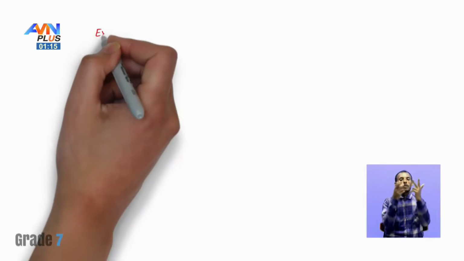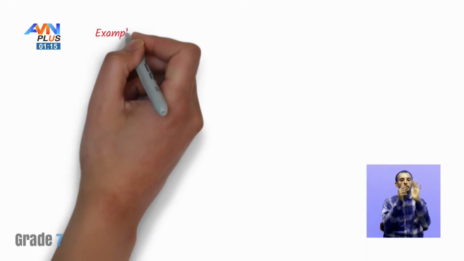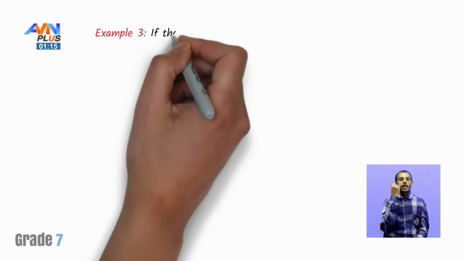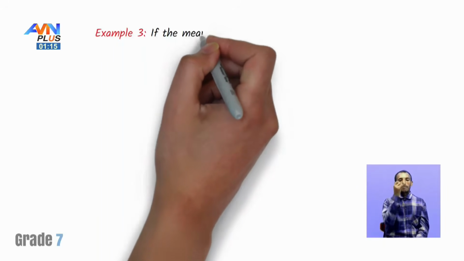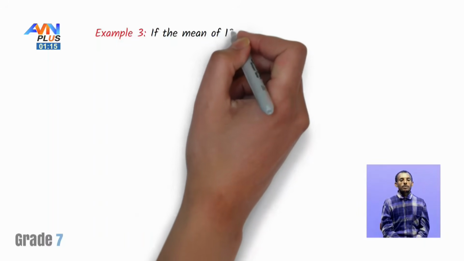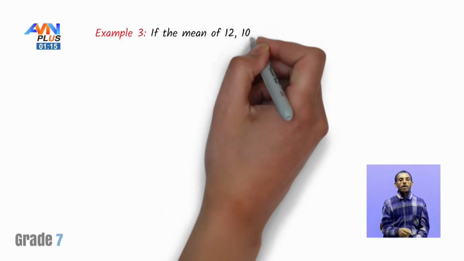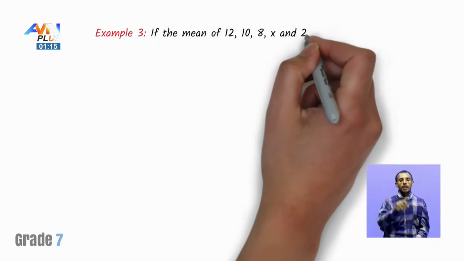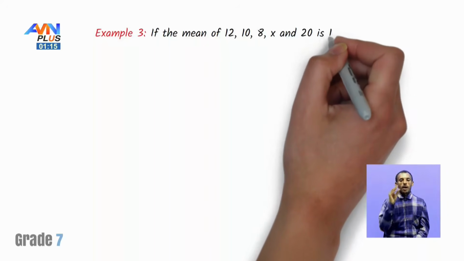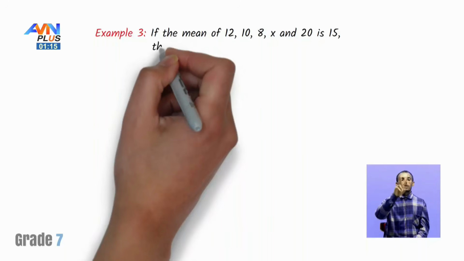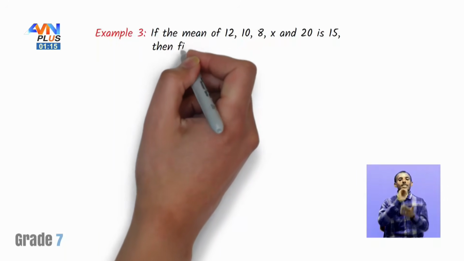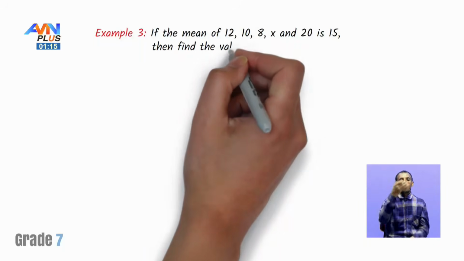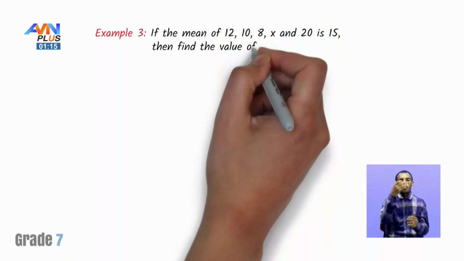Example 3. If the mean of 12, 10, 8, x, and 20 is 15, then find the value of x.